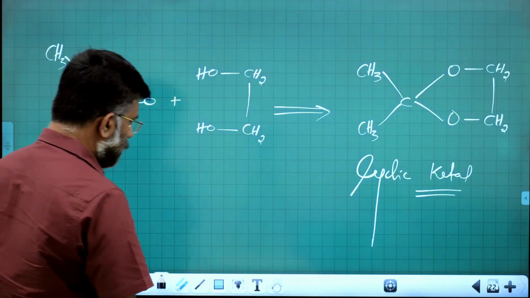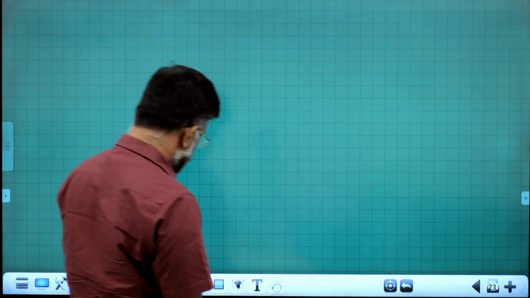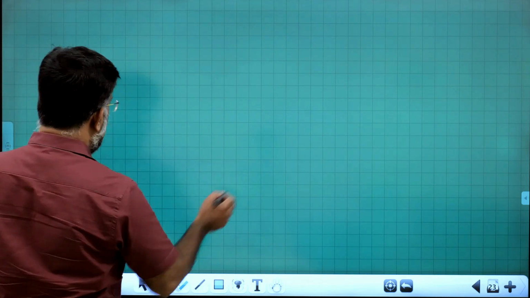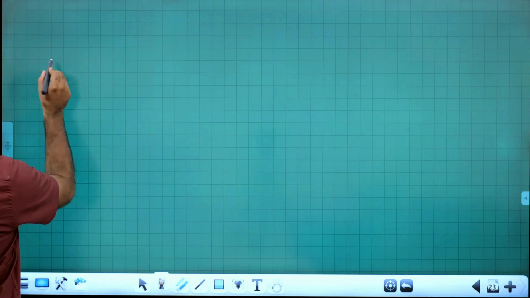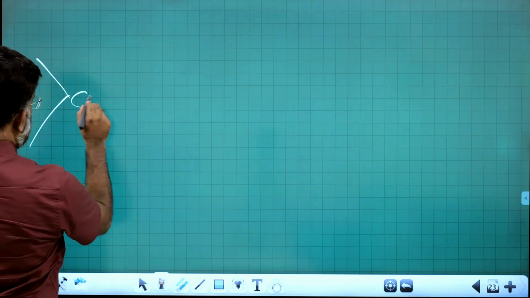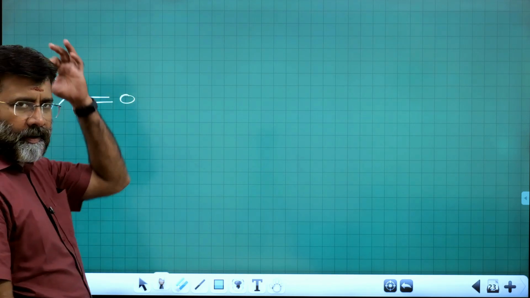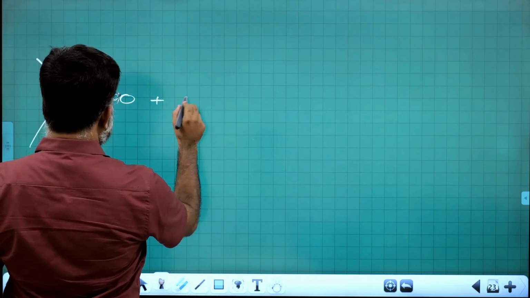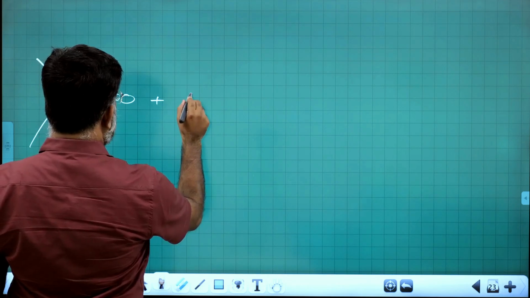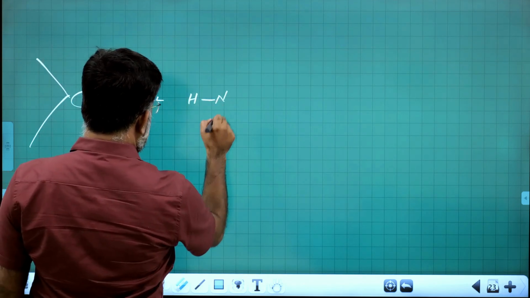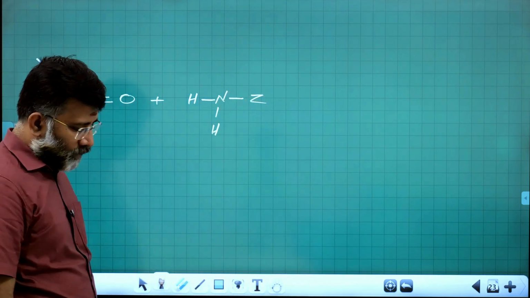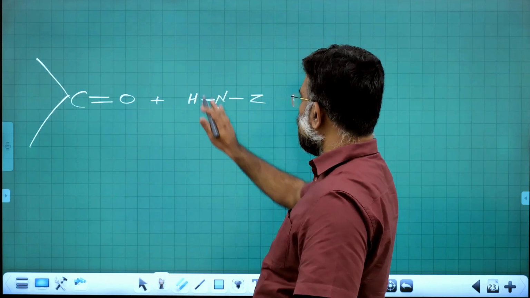Let's see the reaction. Carbonyl compounds undergo addition followed by elimination with ammonia and derivatives. So we can have the general reaction like this. This is a carbonyl compound, maybe aldehyde or ketone, interacting with ammonia and its derivatives. I am writing ammonia and derivatives in the general format NH2Z.